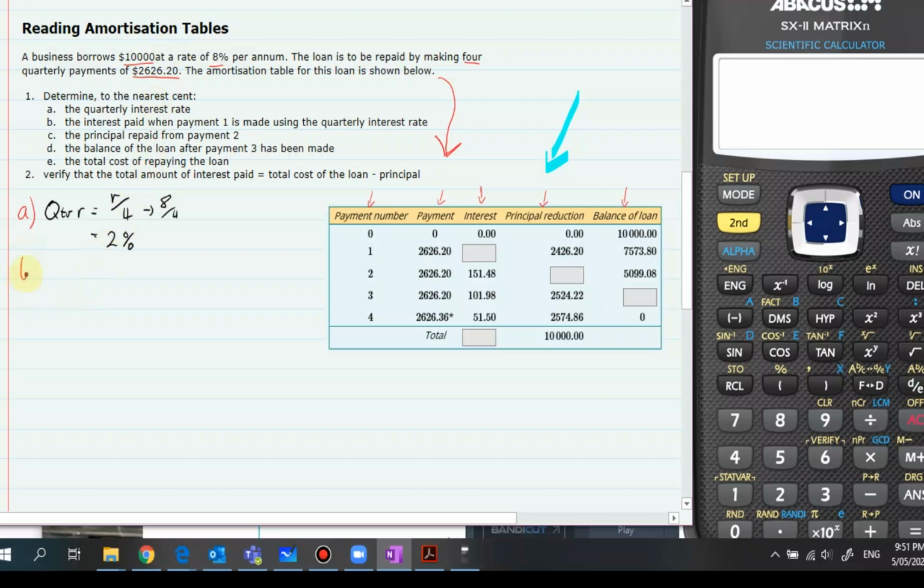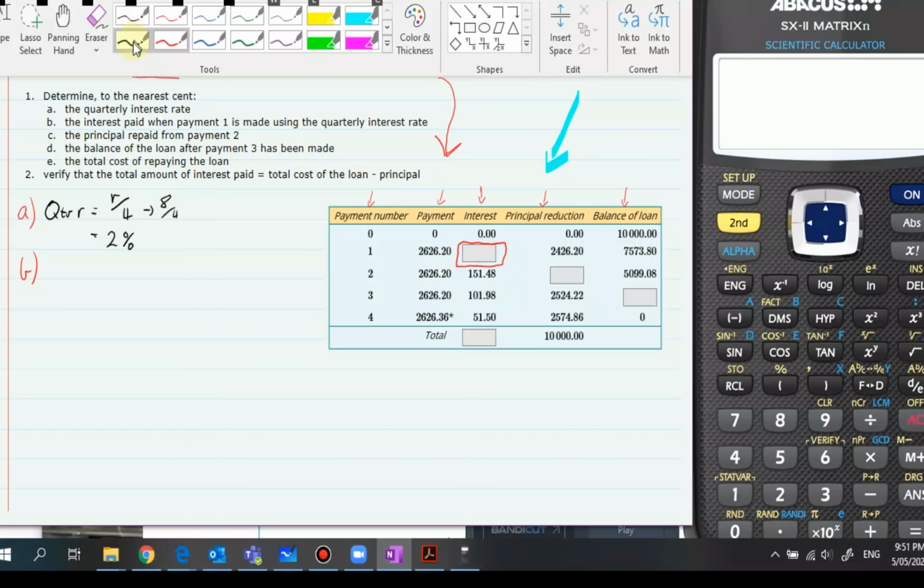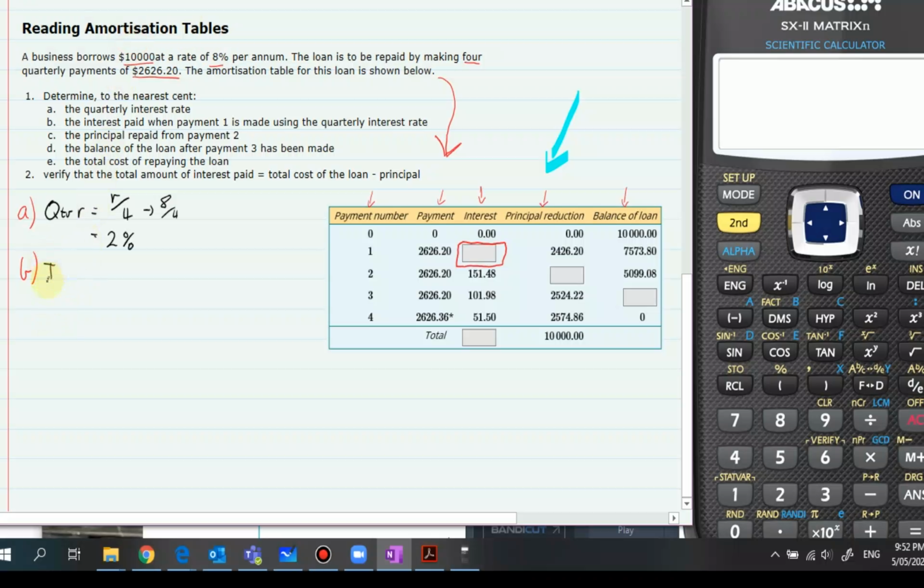Part B, the interest paid when payment 1 is made using the quarterly interest rate. It's asking us to find this part here. If 2% is the quarterly interest rate, then the interest we're going to pay is 2% of the previous balance. So interest is equal to 2% times the previous balance, which is $10,000. That's how much money is owed.